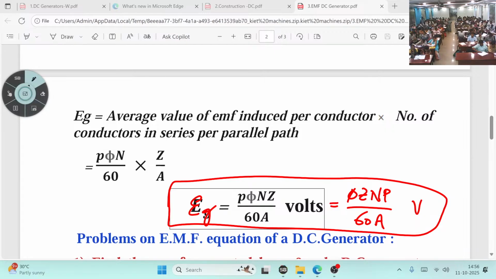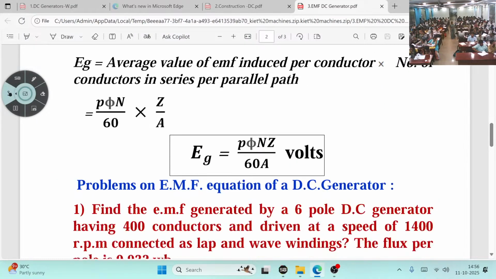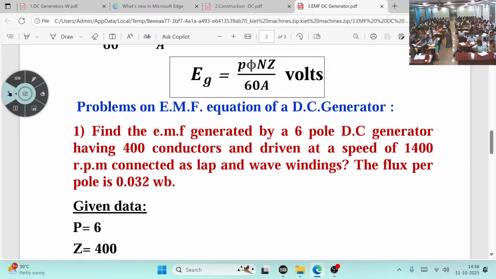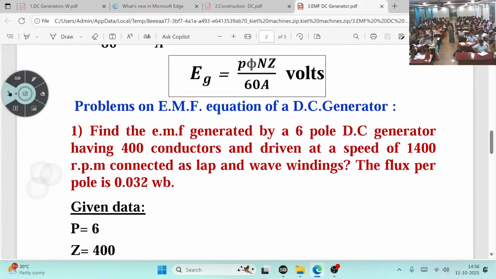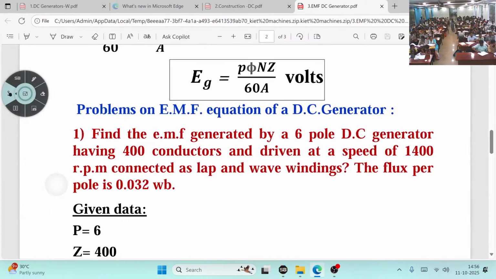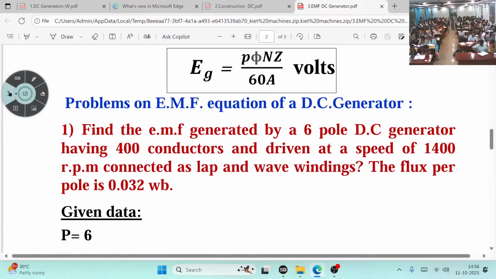Now we will do the problem. Write down this problem.